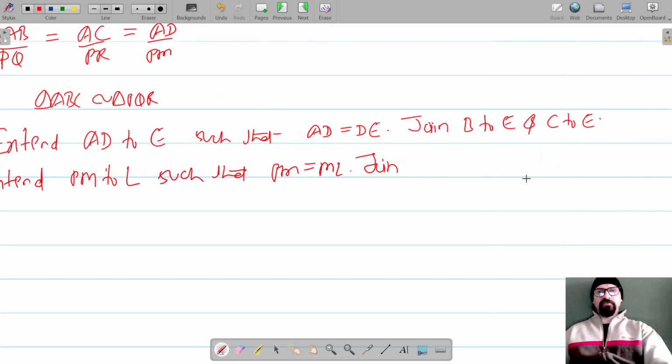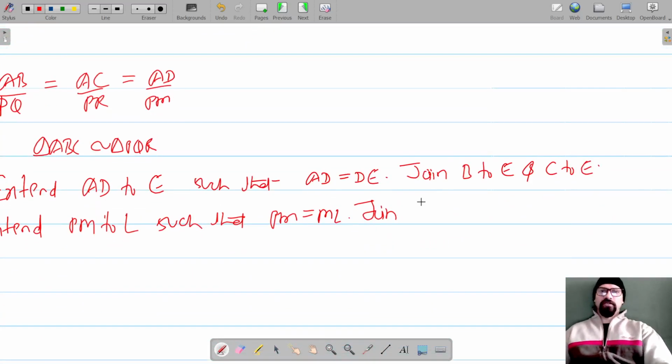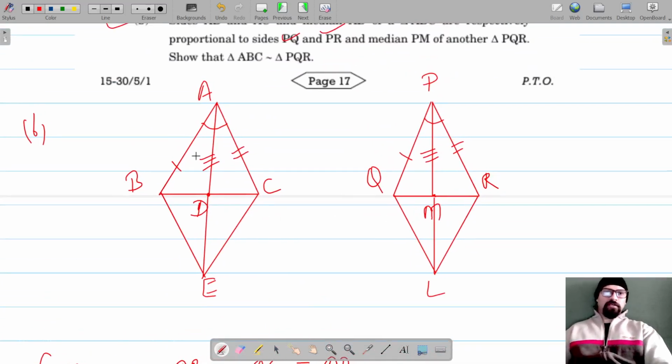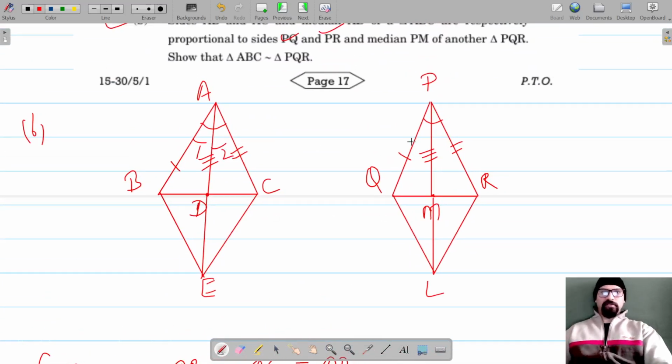And after that, let's join Q to L and L to R. Okay, this is what we have done. And let this be angle 1, this be angle 2, and this be angle 3 and angle 4.